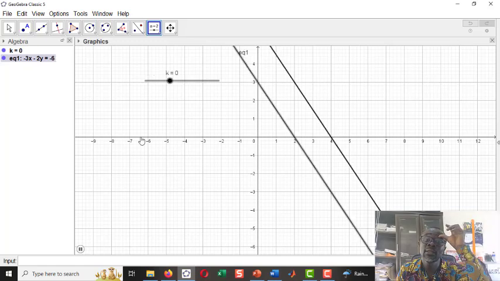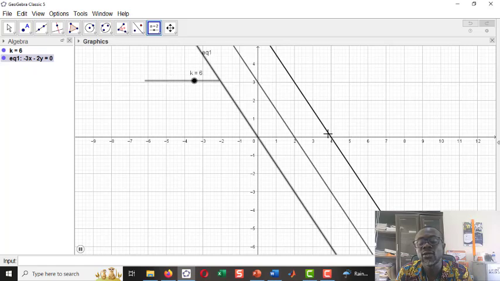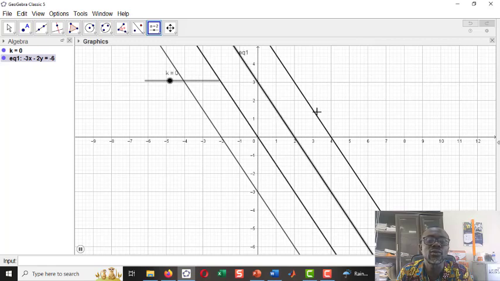And you can see that I have all the lines here. This one is k equal to 12, this one is k equal to 6, this is k equal to 0, and this is k equal to -6. So that's the level curve for this function.